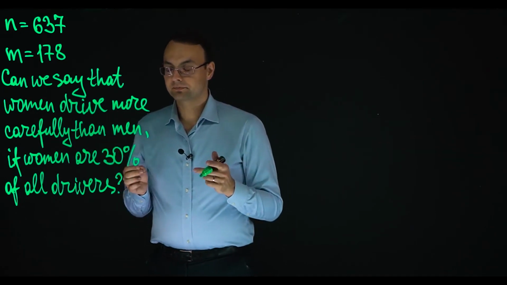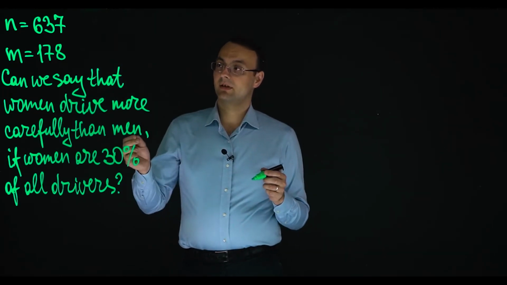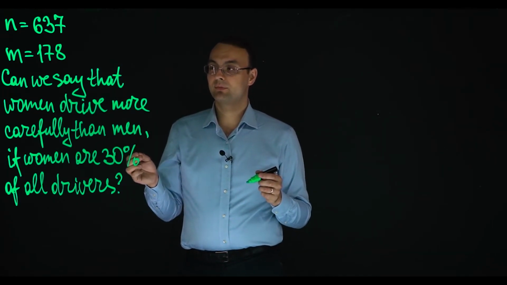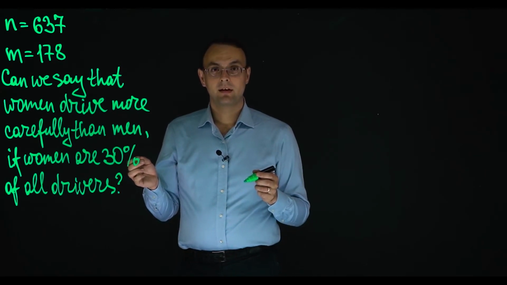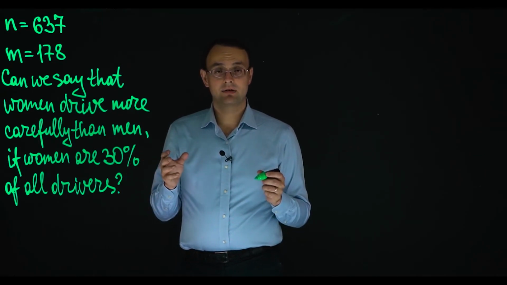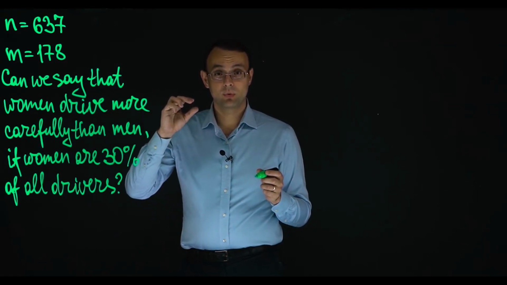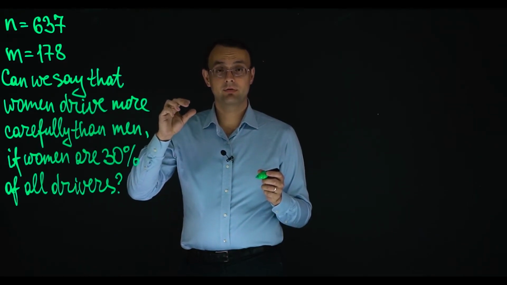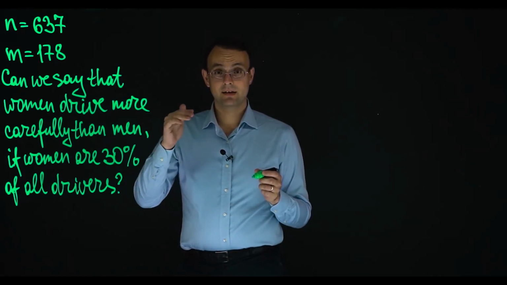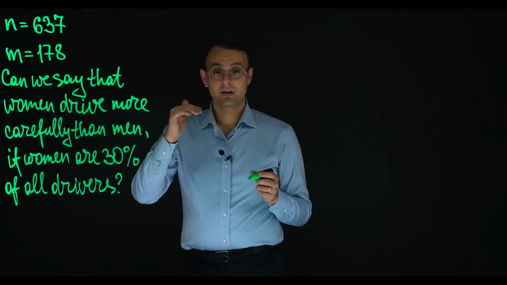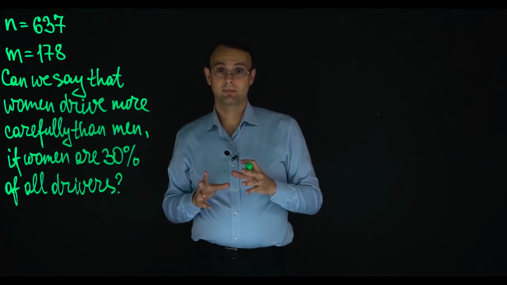They ask, can we say that women drive more carefully than men? What does it mean? It means that the share of women among those drivers who cause traffic accidents is lower than the share of women among all the drivers.